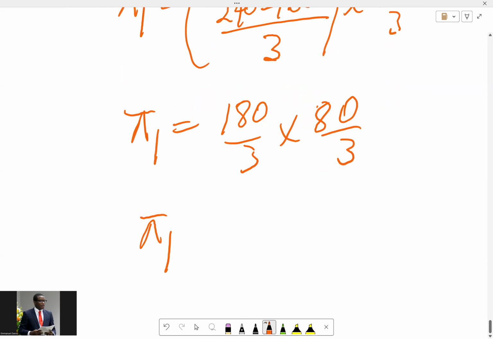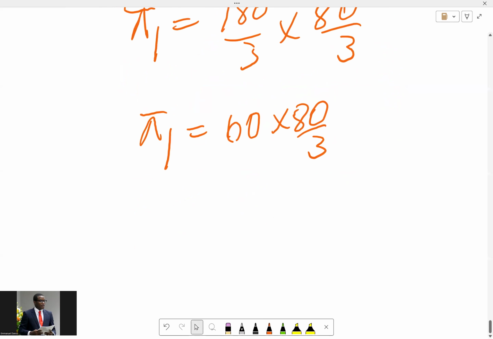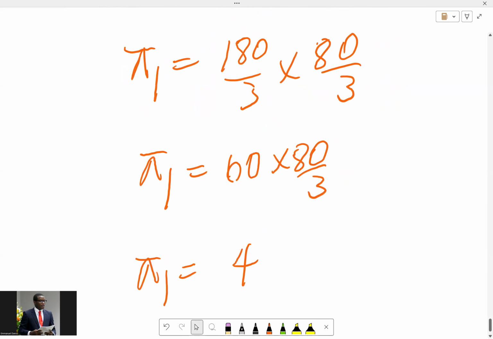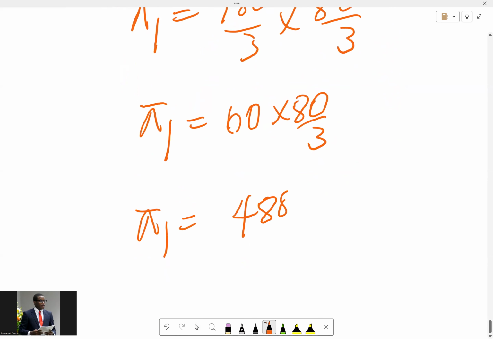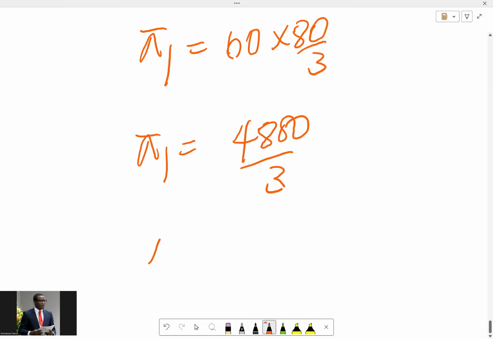So pi 1 is, 3 in 180, that is 60. 60 times 80 over 3. So 60 times 80, of course, is 4,800 divided by 3. So pi 1 is 3 in 48, that's 1,600.